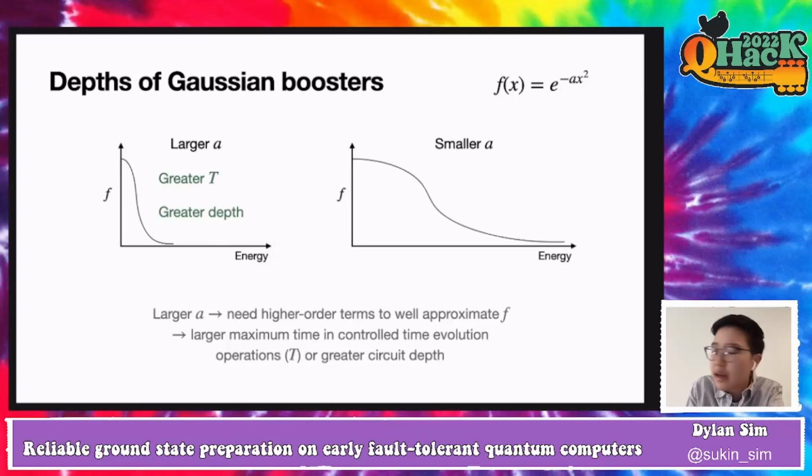Yeah, I believe I have to check back in the paper, but I believe there was some log factor, log of T or of some sort. But we just used T as a depth proxy, and I do agree that one of the future directions of this work is to have a more robust analysis of the depth requirements of the booster.